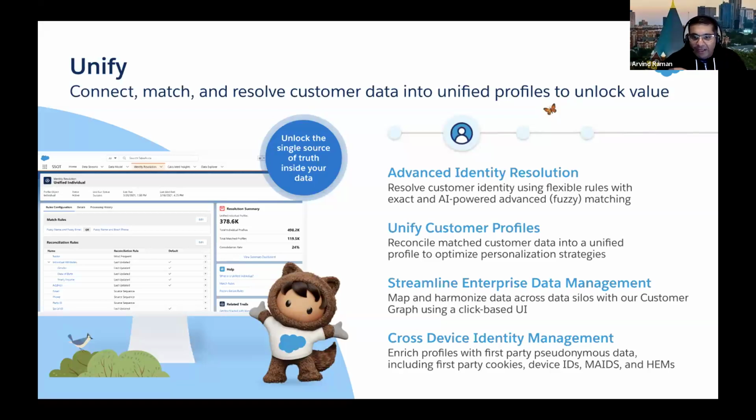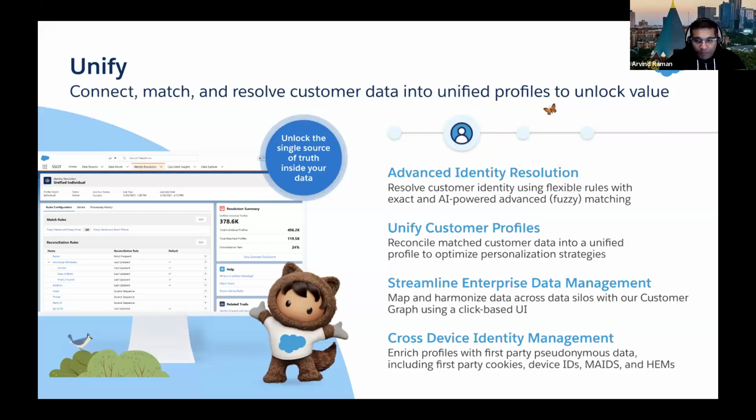We provide standard matching rules based on fuzzy matching on first name, last name, address, email address, phone number, as well as party identification. And in fact, now we not only match individuals, but you can also match on accounts as well, so more of your B2B type use cases.